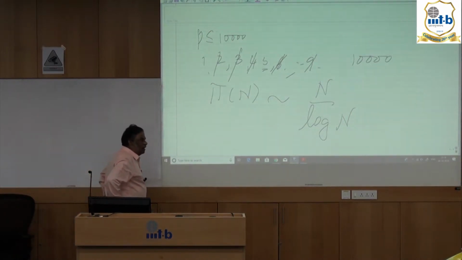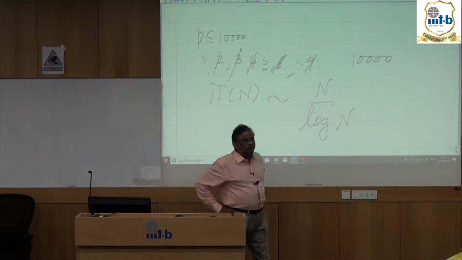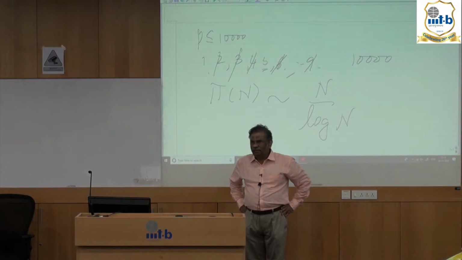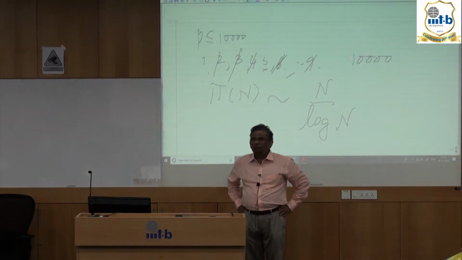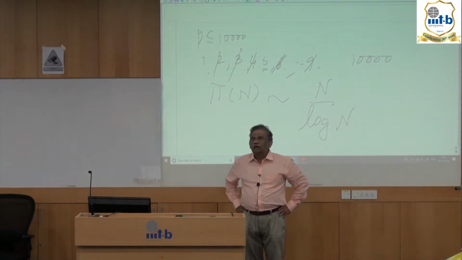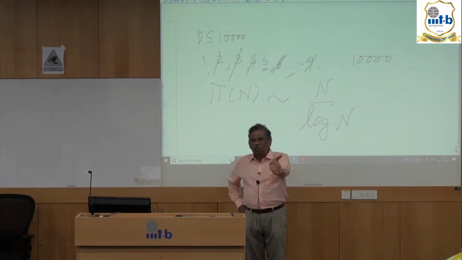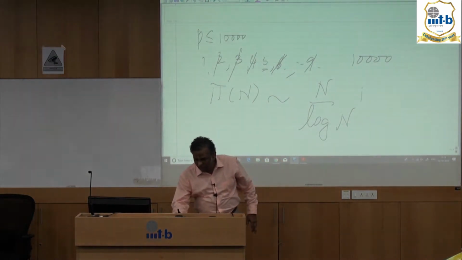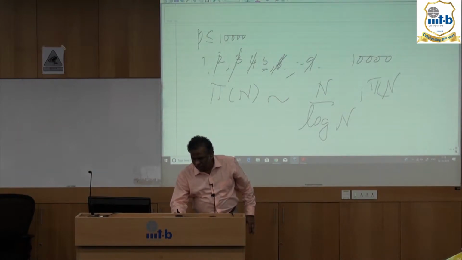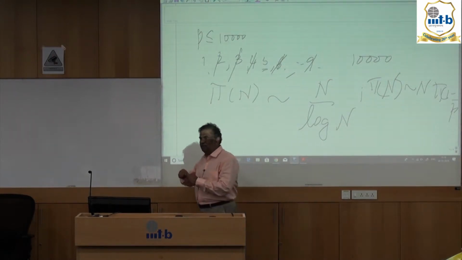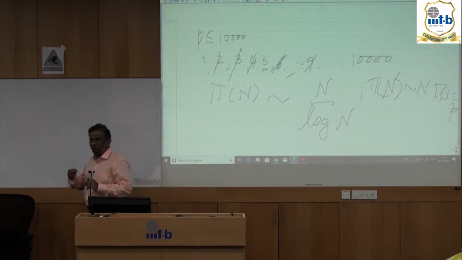Therefore, the question naturally arises whether we can do this inclusion exclusion principle. If you do the inclusion exclusion principle, then what you are supposed to end up with, if you are starting with events which are independent, is 1 minus the probability of the event happening. Therefore, what you would expect is really pi of n to be n into the product of 1 minus 1 over p, because the event that it is divisible by p happens with probability 1 over p.